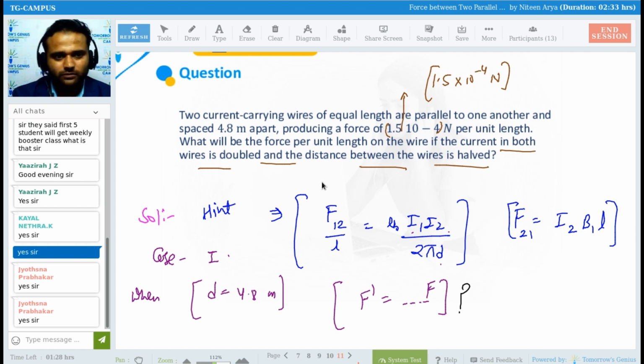But turn your cameras on also, everyone. If I'm saying turn on your camera, why don't you turn on your camera? Okay, sir. Anyone? How much is this relation? Tell me, beta.